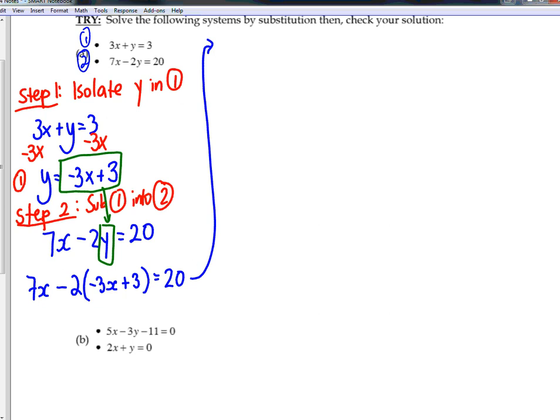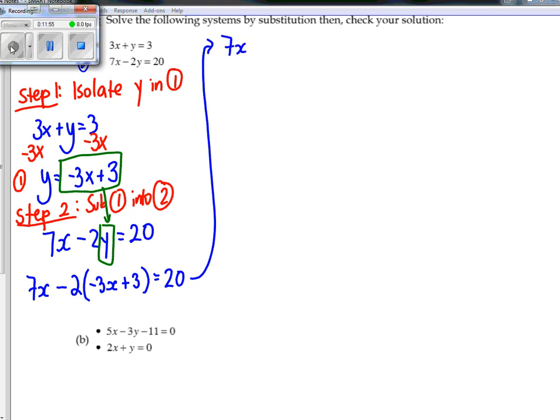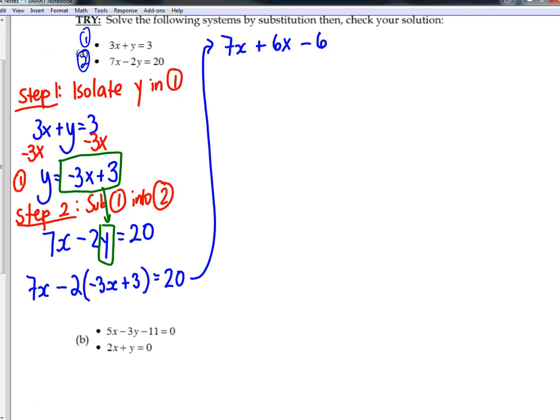Get rid of those brackets. Collect like terms. Put x on one side, all the constants on the other. Plus 6x minus 6, because you're splitting in the negative 2, equals 20. Or 13x minus 6 equals 20.